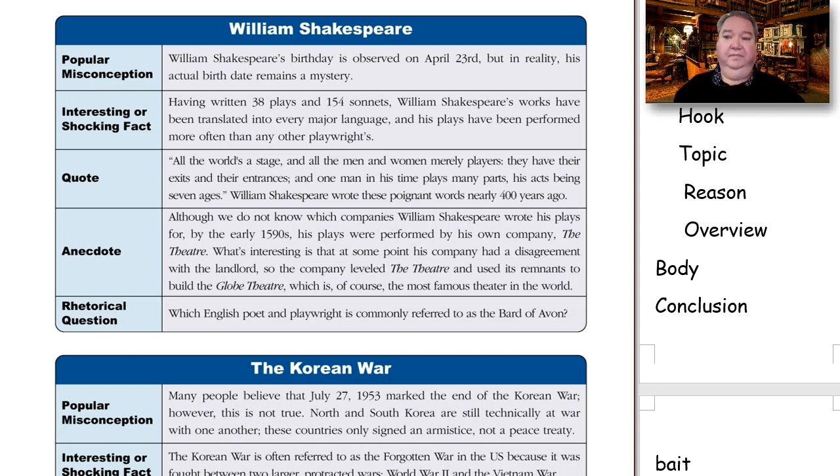Okay, a rhetorical question, the purpose, the design is to get you to think, to get you interested in the topic and thinking about the topic, but you don't actually have to give an answer. Okay, so for example, if I just asked, my bottle is disappearing here, do you like water?